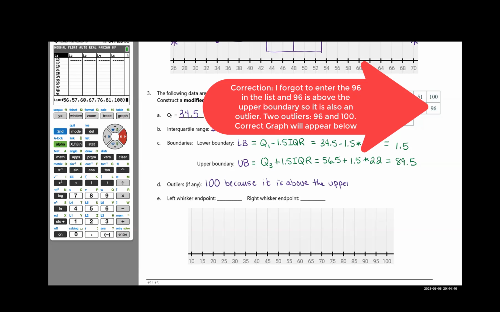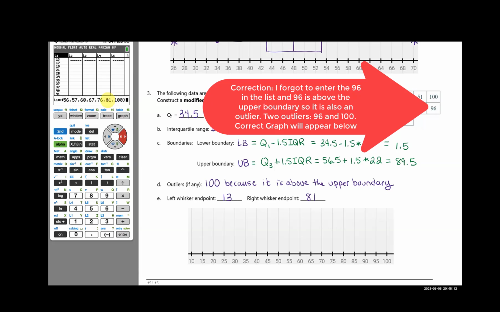So that's what puts it out of bounds. All right, so for my whiskers, there was no outlier on the lower end, so the left whisker is the smallest number in the data set. And then the right whisker will not be the 100, that's an outlier, so instead will be the 81.